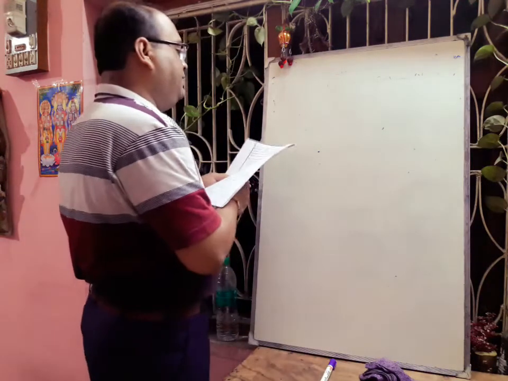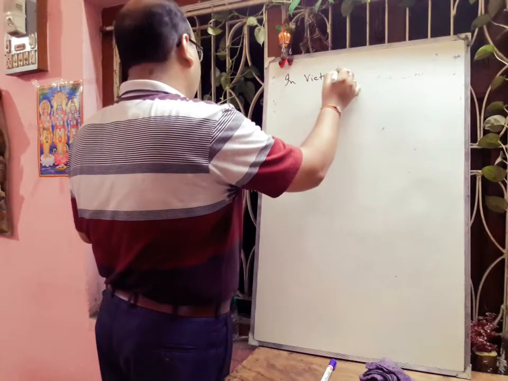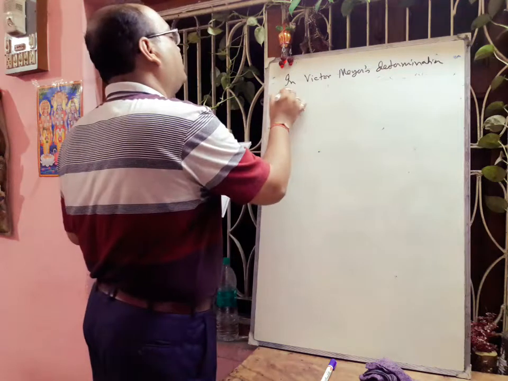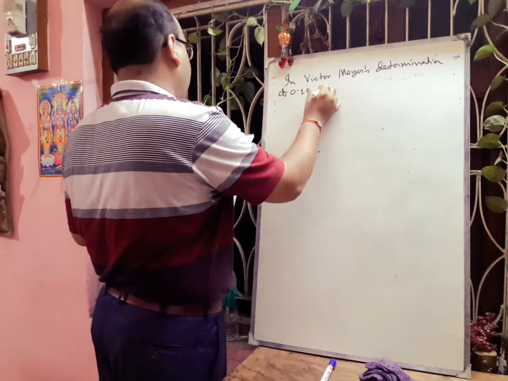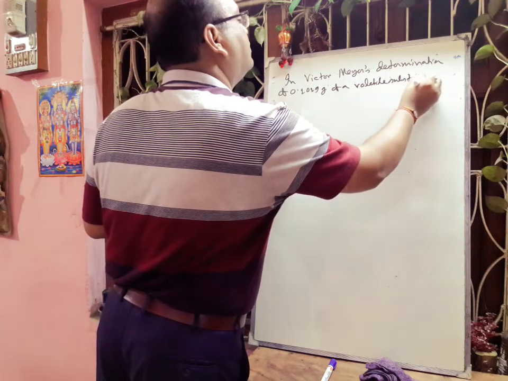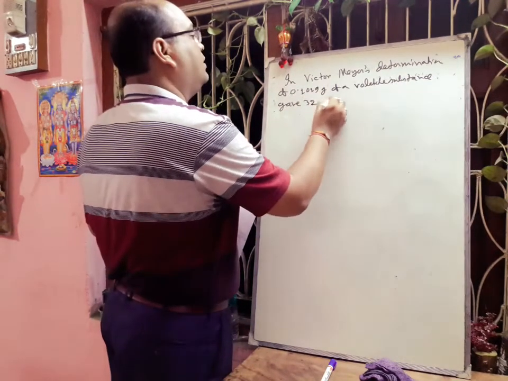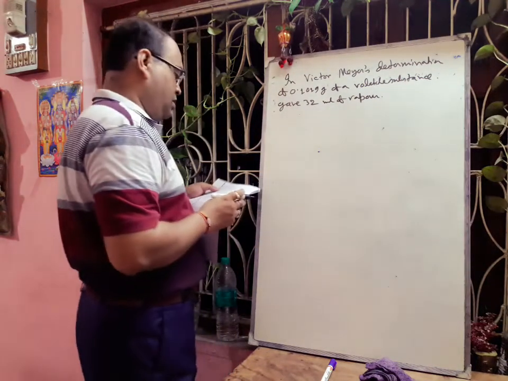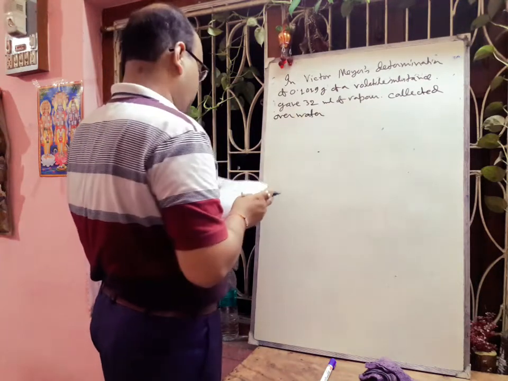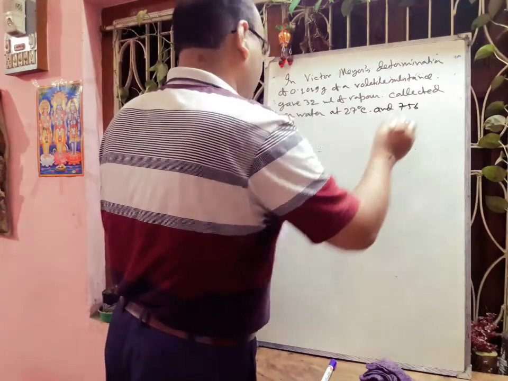The problem is given that in Victor Meyer's determination, 0.1019 gram of a volatile substance gave 32 ml of vapor collected over water at 27 degrees centigrade and 756 mm pressure.